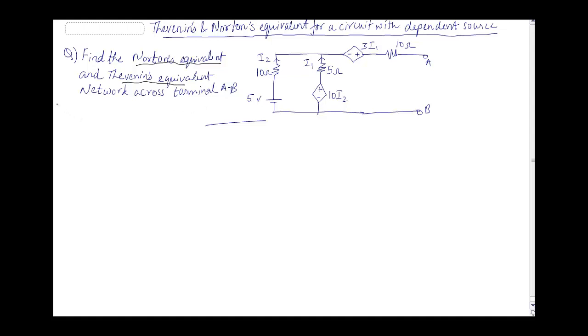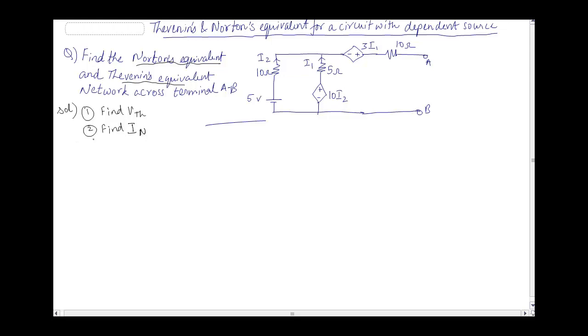And to simply write the steps are: 1. Use the method to find VTH. Second, find the current, Norton's current, IN.